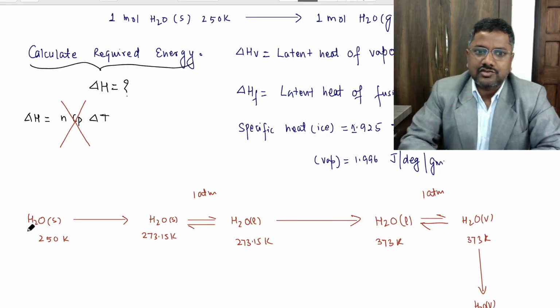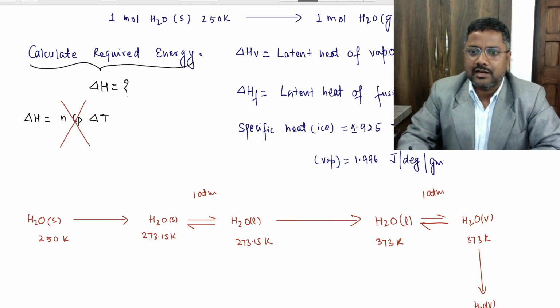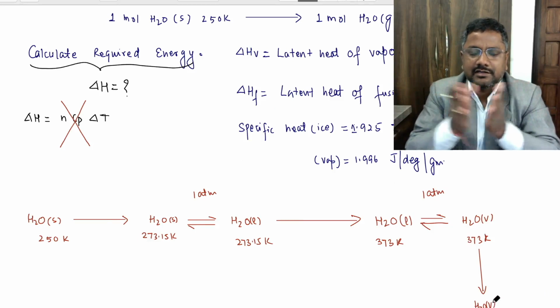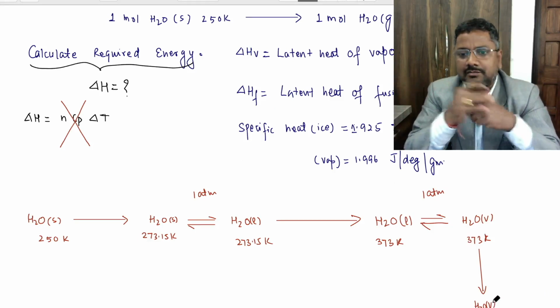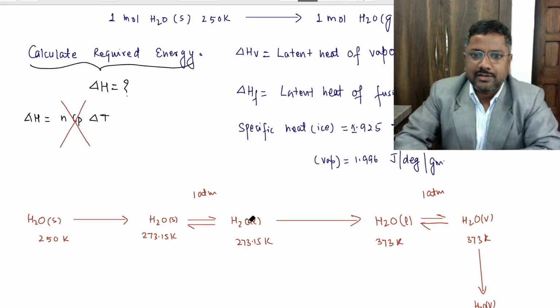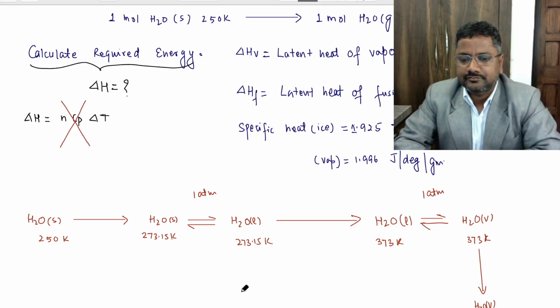And if you consider from here to here directly, taking this CP and subtracting, your answer will be wrong because you have ignored these steps, right?